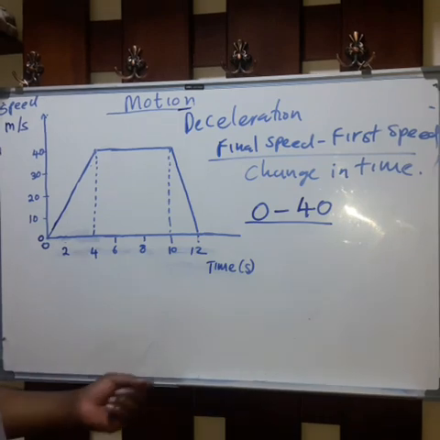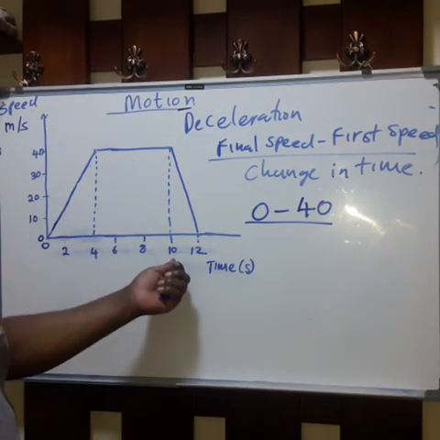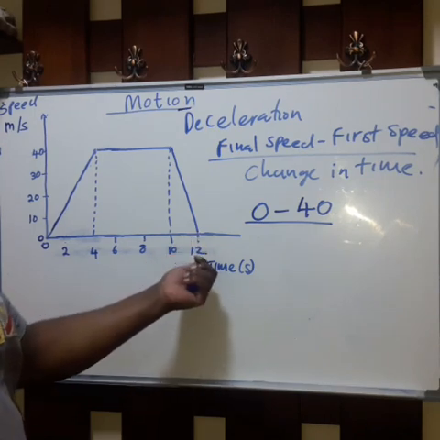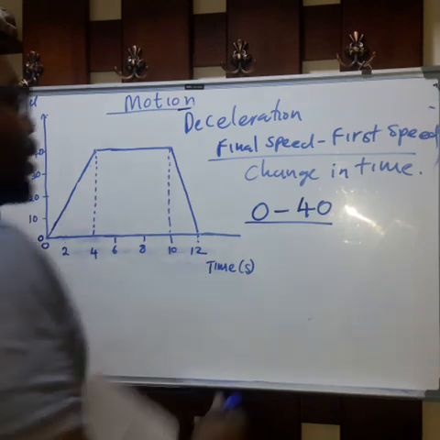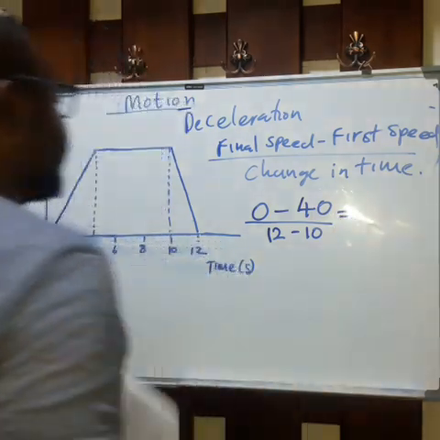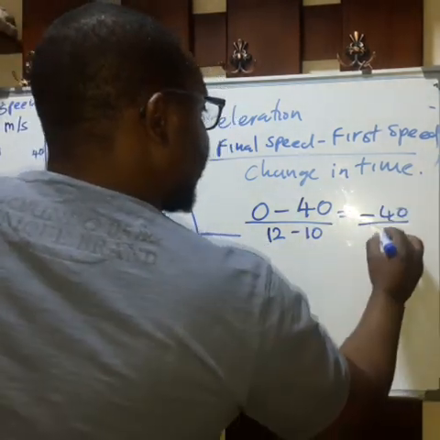The change in time, right? When the speed was 40, the time was 10, and when the speed was 0, the time was 12. So what you do is you basically subtract 12 minus 10. So on top you get minus 40, and at the bottom you get 2.